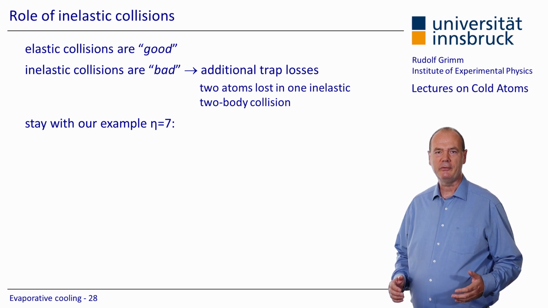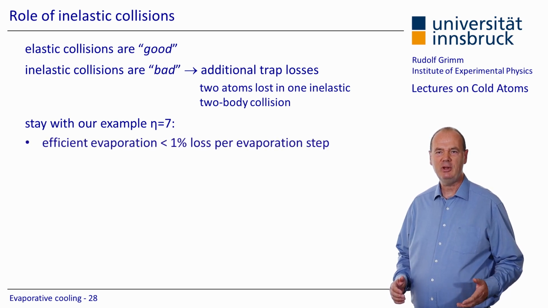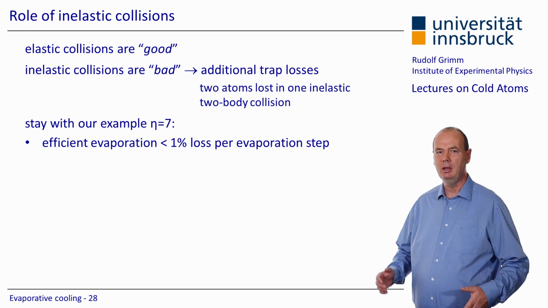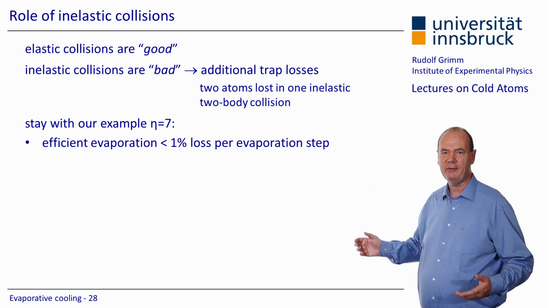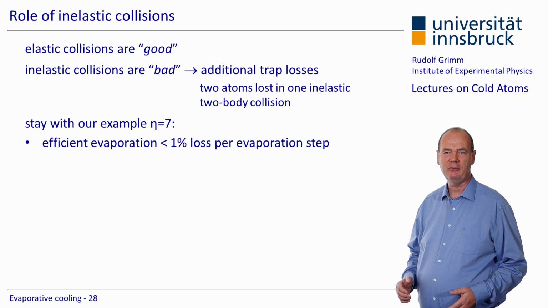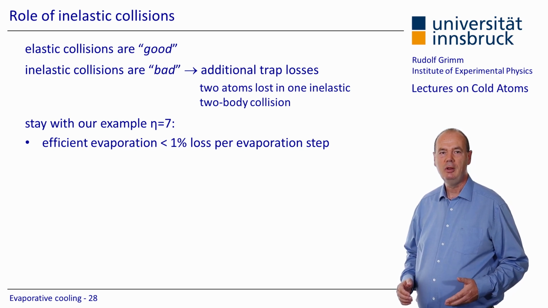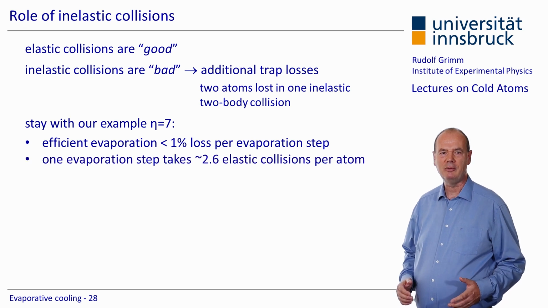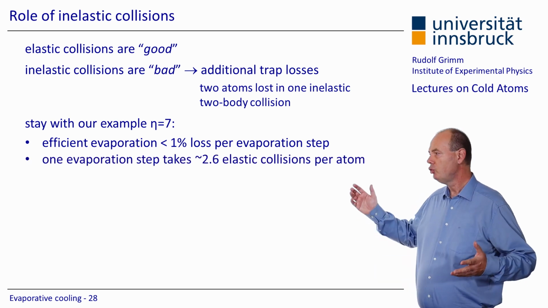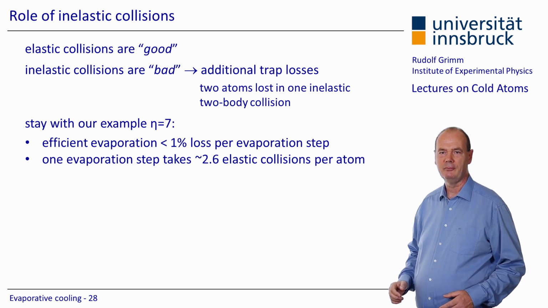We have seen when discussing slide 20 that efficient evaporation permits something like an additional loss of 1% in a single evaporation step. That is, the number of inelastic collisions should stay below 0.5% of the total number of atoms. We also know that one evaporation step needs about 2.6 elastic collisions.